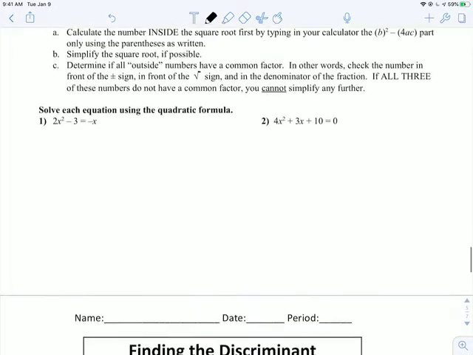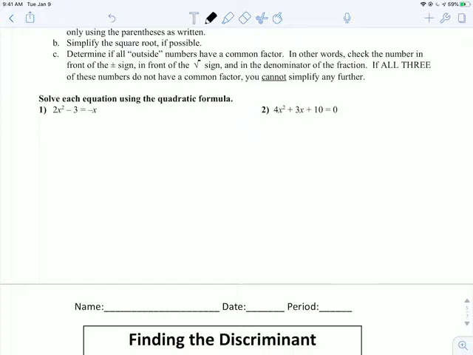So let's come on down and look at the two examples that we have. Just like with factoring, you want to get all of your terms on the same side. So I'm going to add x to both sides here. So I'll have 2x squared plus x minus 3 is equal to 0. It's important to accurately identify A, B, and C, and then just plug it into your quadratic formula.